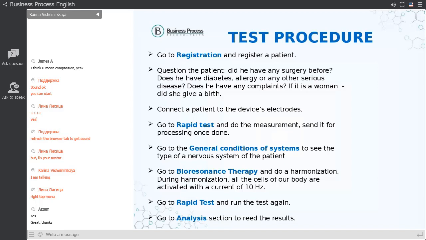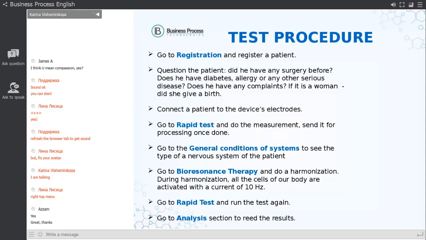Because these things have an effect on the diagnostic report. Does the person have any complaints right now, at the moment of the measurement? And if it is a woman, you can even ask, did she give birth? It's important.